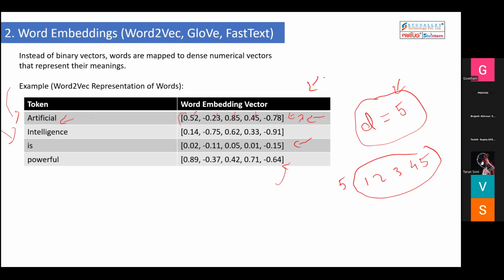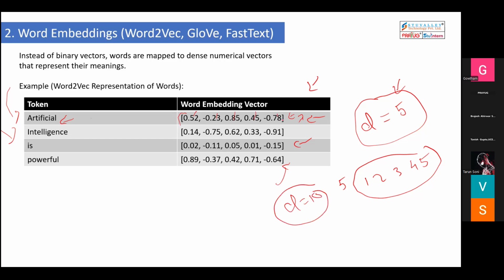So this is how the backend works when you are using word2vec, GloVe and fastText. GloVe has its own methodology, but it's moreover similar to this. So this is why you can also pick, rather than d equal to 5, d equal to 10.